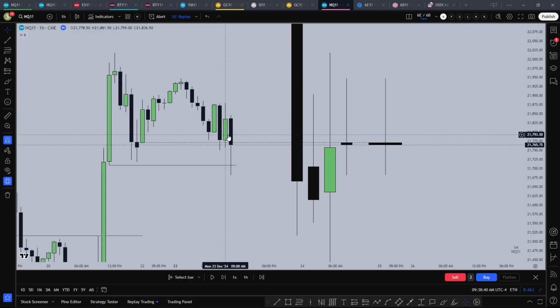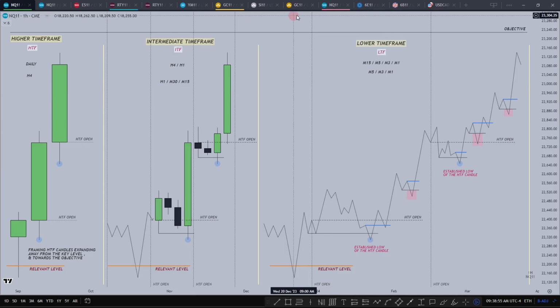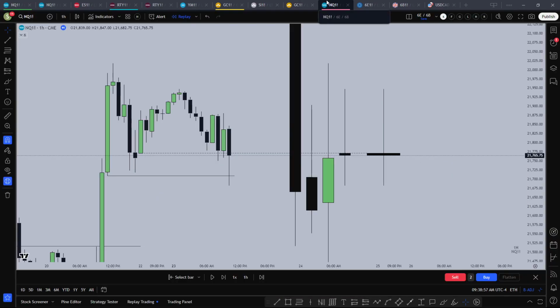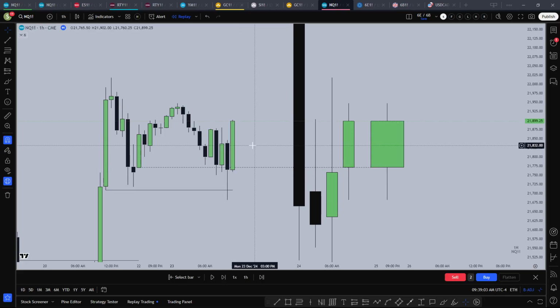This is an intermediate time frame for the daily's high time frame candle. So I can then frame the next intermediate time frame candles, which would be what? The hourly candle, 11 a.m. OLHC. I wouldn't go to the lower time frame for framing, as it would make the session much longer, but yes, this makes sense. So intermediate time frame structure aligns and you then frame to the opposing side.